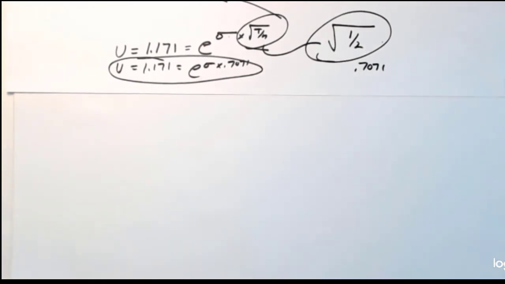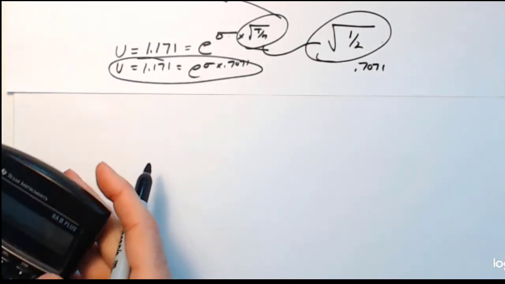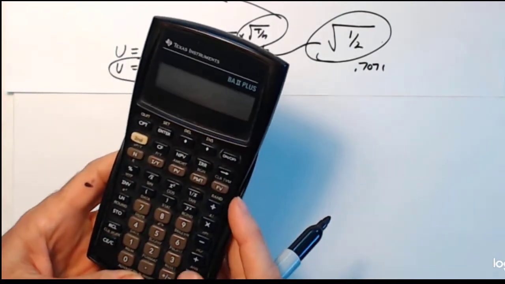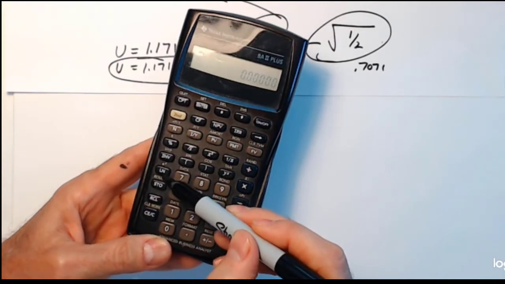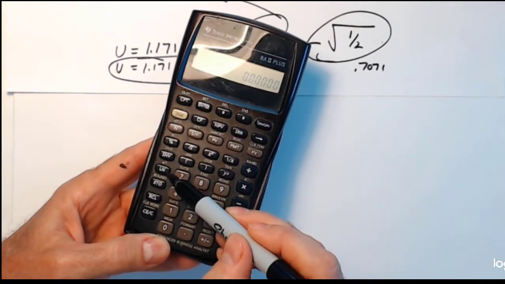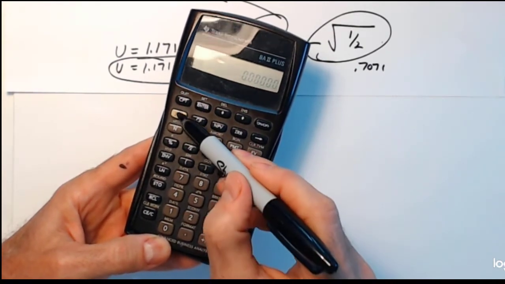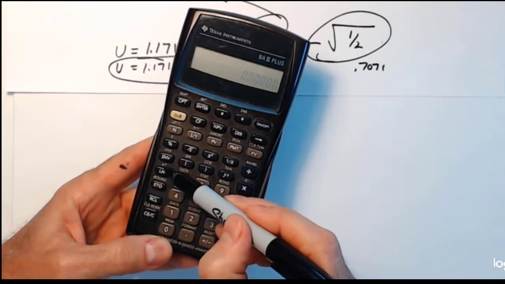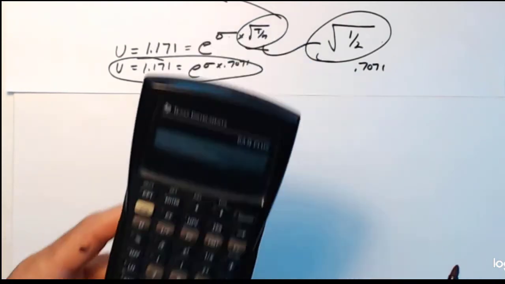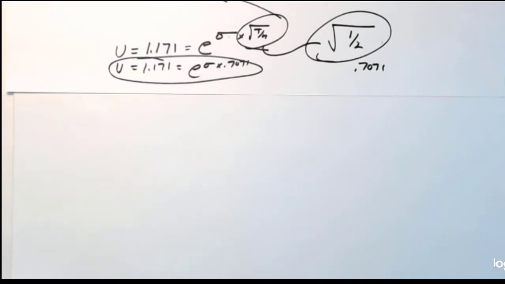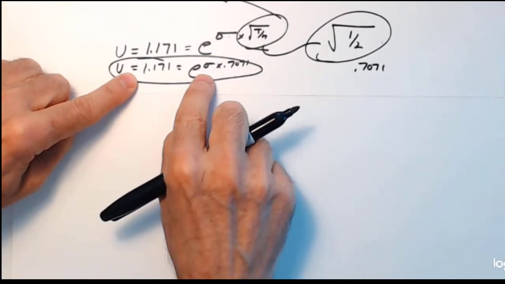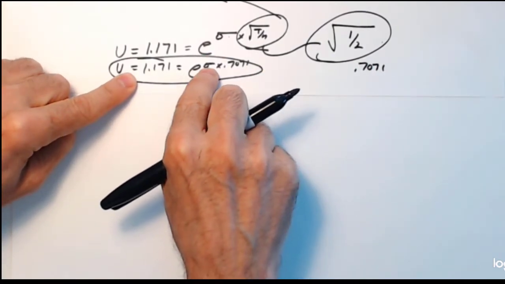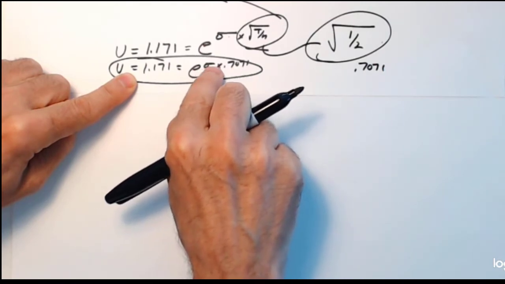If you look at your calculator, there is a natural log button right here, and the second function of the log button gives you e. And so that flips between logging and unlogging the variable. So we want to take the logarithm of both sides, and when you do, this no longer becomes an exponent.